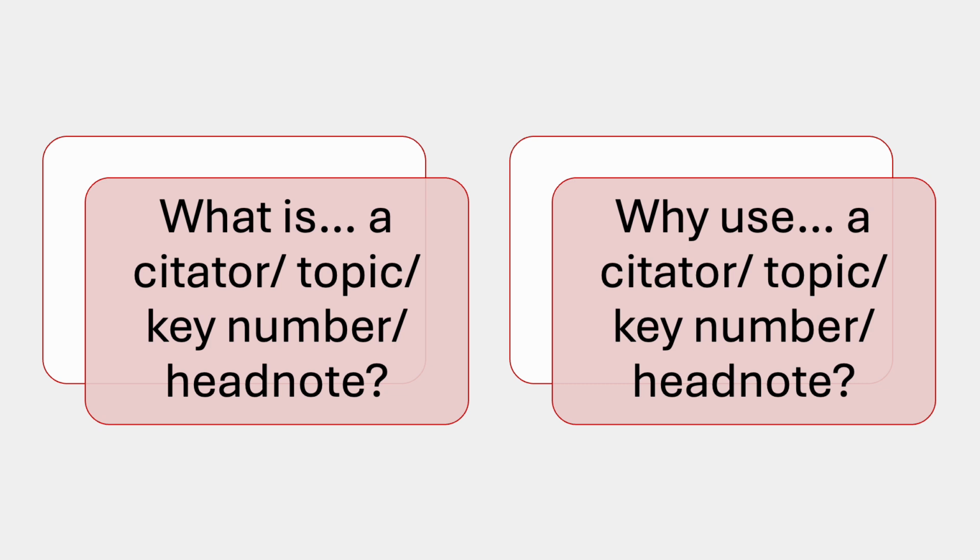They are all indexing tools that you can use to get to other relevant sources, other relevant pieces of law, other relevant cases that are similar to what you're looking at. These are the types of tools that you want to be familiarizing yourself with as a new legal researcher.